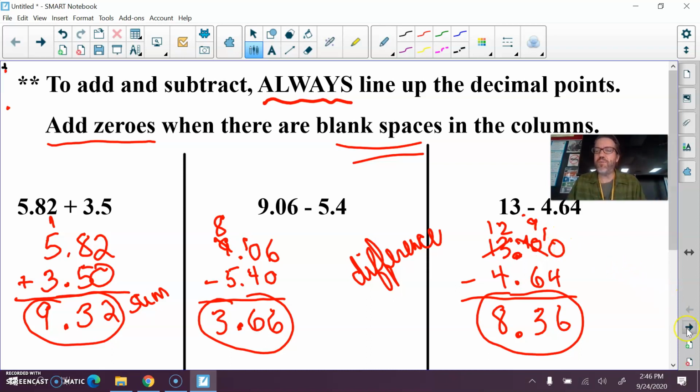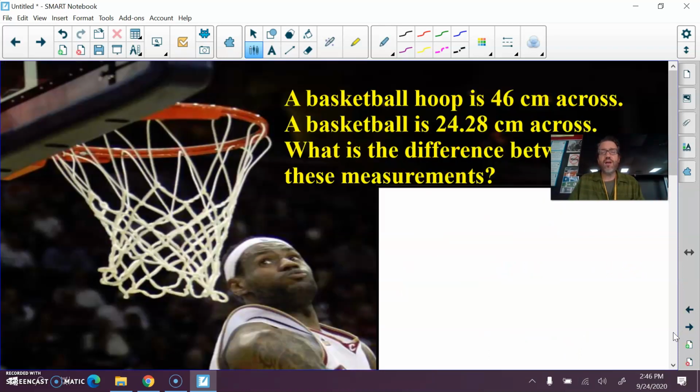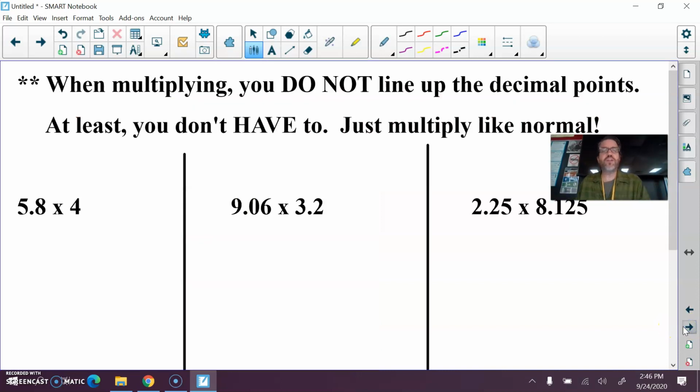All right, so now multiplying. The rules are a little bit different with multiplying, because now with multiplying, you do not line up the decimal points. I mean, sometimes you will, if they have the same number of digits in the decimals, but you don't have to line up the decimal points. Just stack them, ignoring the decimal points.